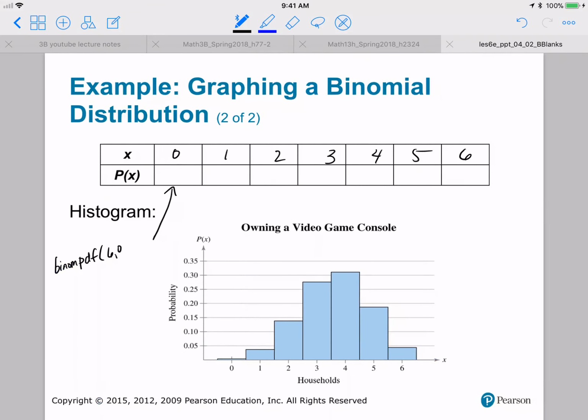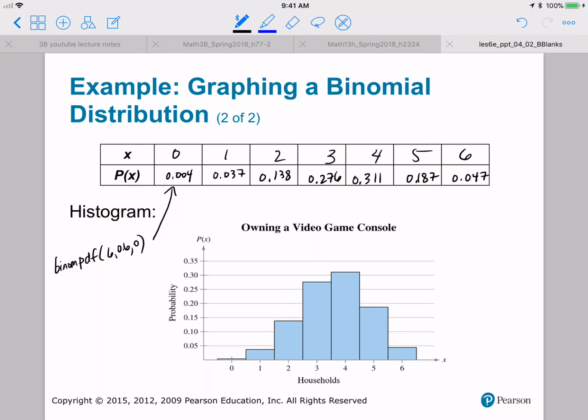So 6, 0.6, and then our x value of 0. And that'll give us approximately 0.004. And then approximately 0.037, 0.138, 0.276, 0.311, 0.187, and then the last one, 0.047.